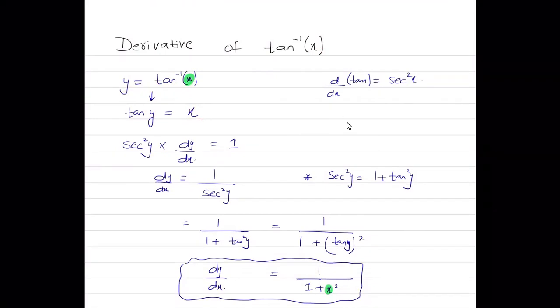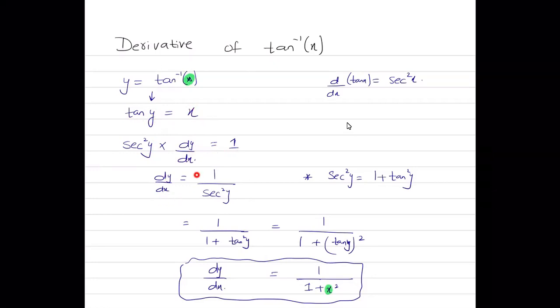Yes. So if you go for finding the derivative, you are going to go for implicit differentiation. What is the differentiation of tan y? Secant square y. Yes, secant square y times dy by dx equals the differentiation of x, which is 1.